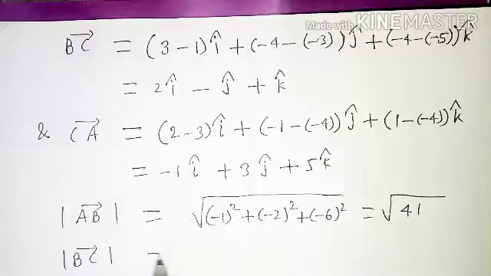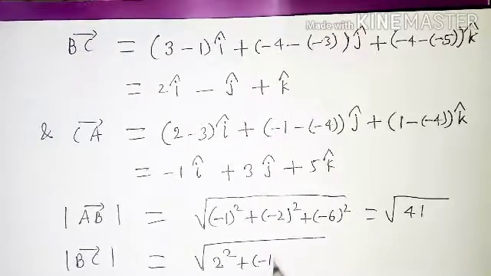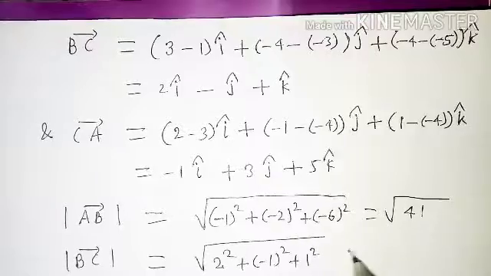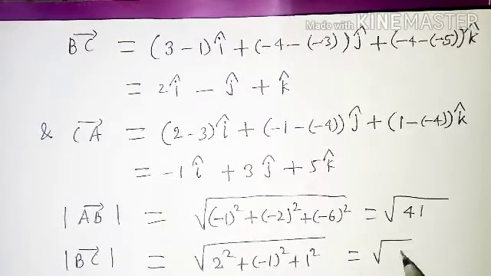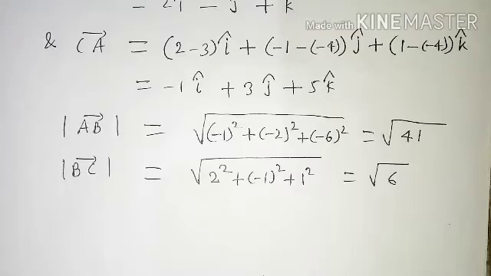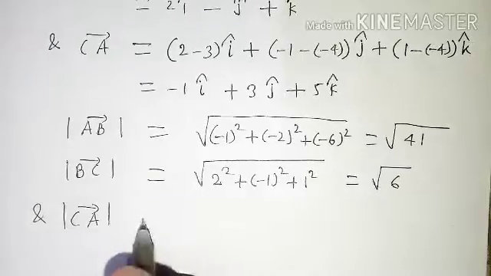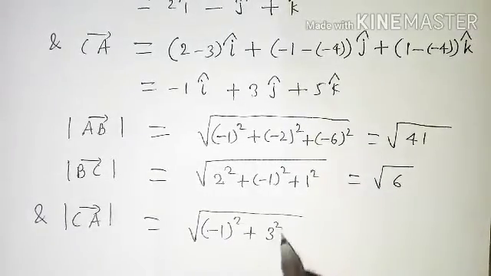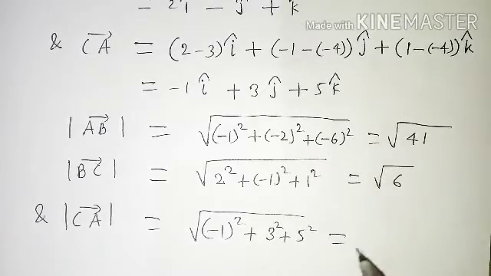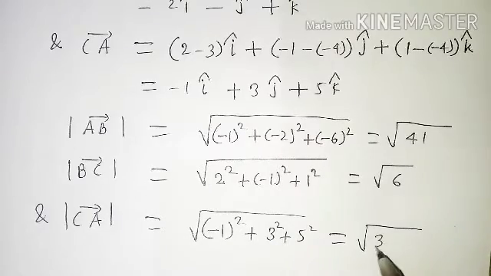We find magnitude of vector BC. This is a square root of 2 square plus minus 1 square plus 1 square. So we have 4 plus 1, 5 plus 1, 6. And magnitude of vector CA, this is minus 1 square plus 3 square plus 5 square. This is 1 plus 9, 10, 10 plus 25, 35.